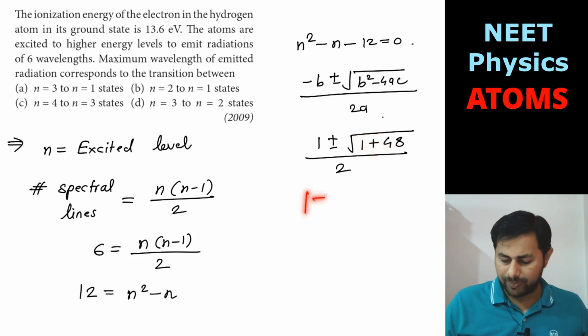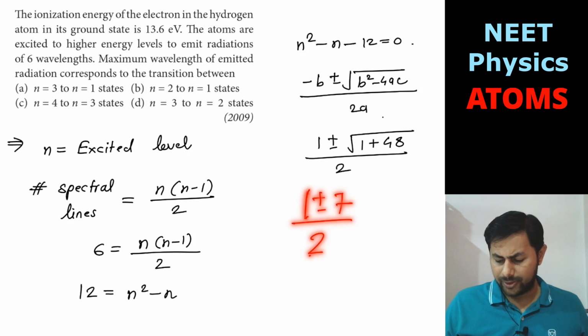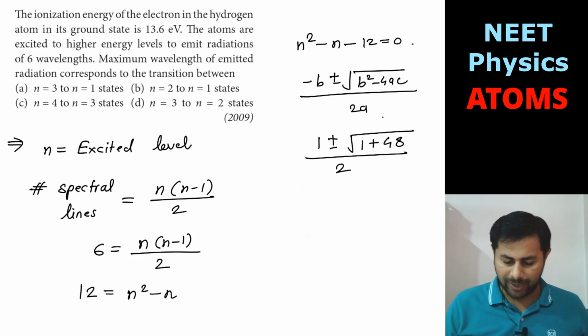So 1 plus minus 7 divided by 2. So that is 1 plus 7 by 2, that is 8 by 2, which means 4. So n is equal to 4.